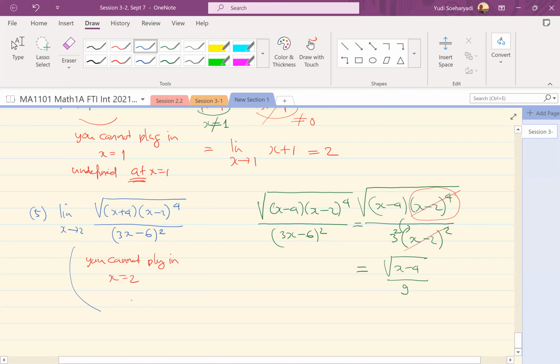This becomes c square root of x plus 4, oh plus, sorry. Yeah. Okay, over 9. Now you can plug in a 2. This makes sense, right? So square root of 6 divided by 9.